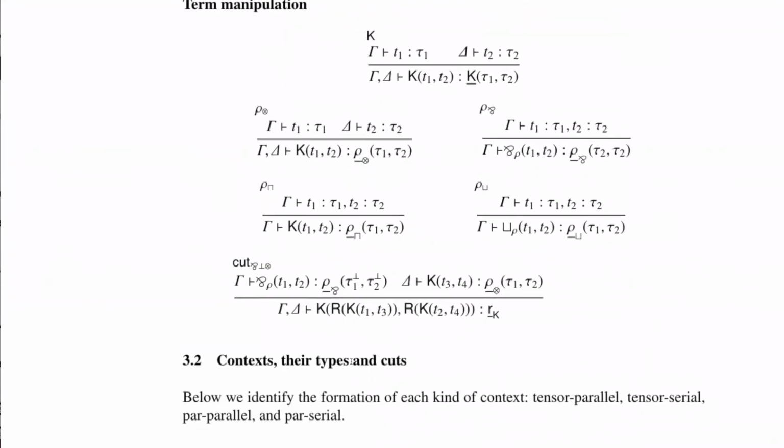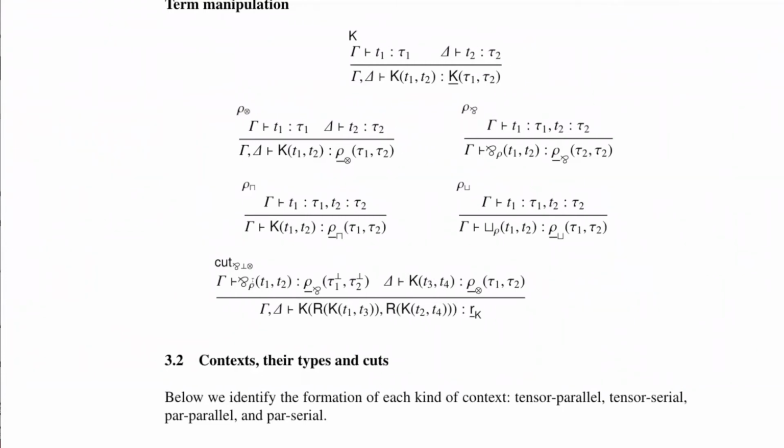So in particular, if I have a par like this of two terms, then I can cut it with a tensor, and this will result in a parallel cutting. So I'll cut T3 with T1.